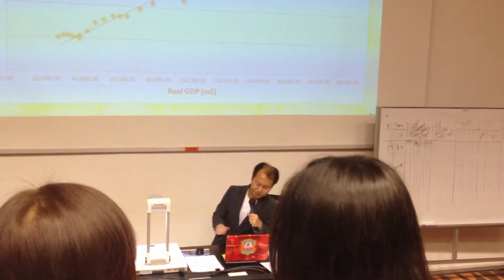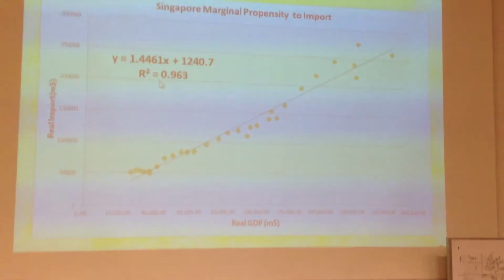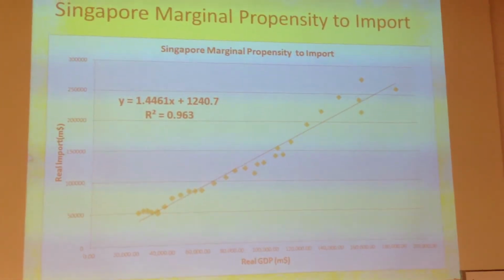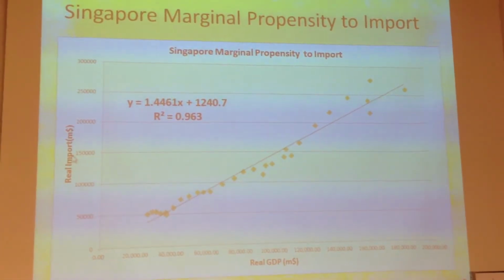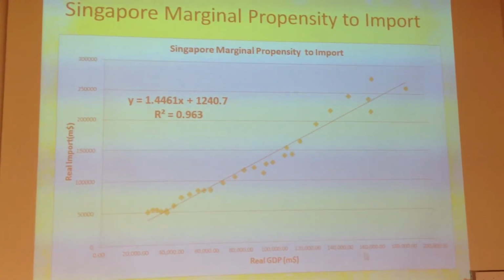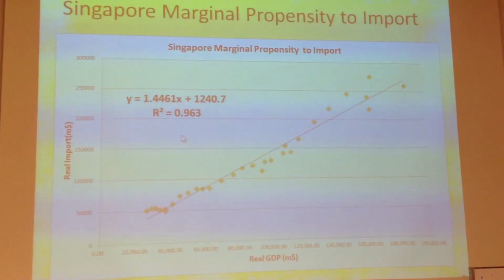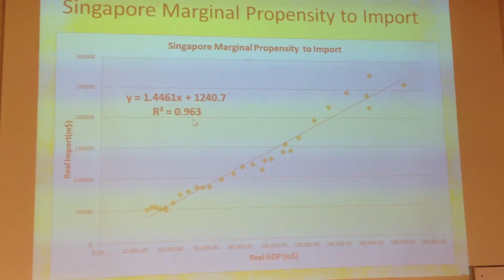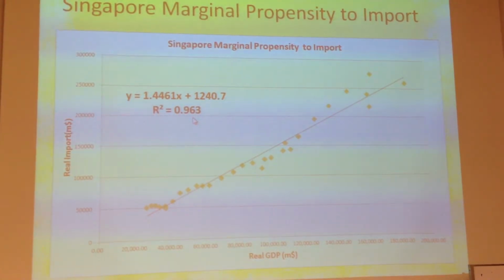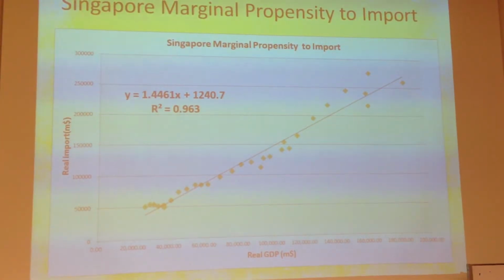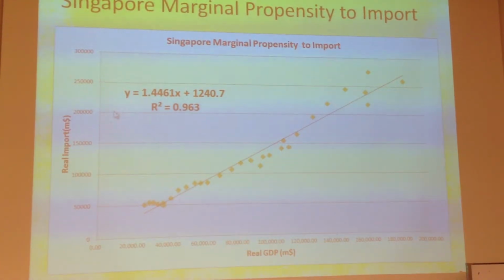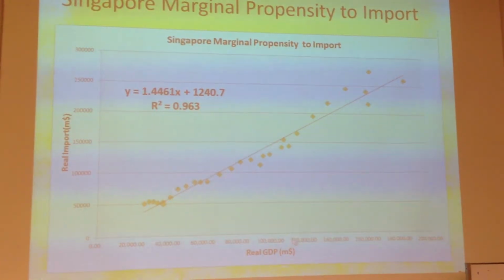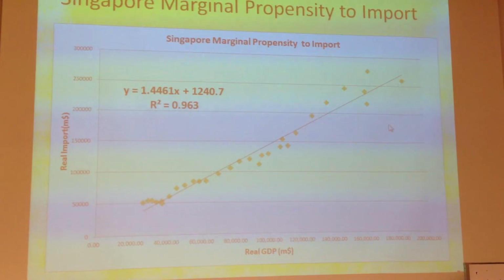Anyway, the R square tells us the closeness of the relationship between import and GDP. If R square is very close to 1, for example this one, 0.963, then we can accept that import and GDP are positively related.